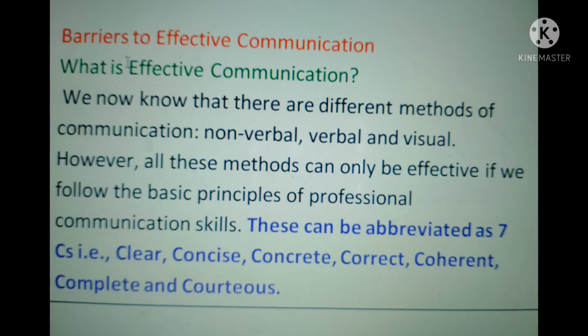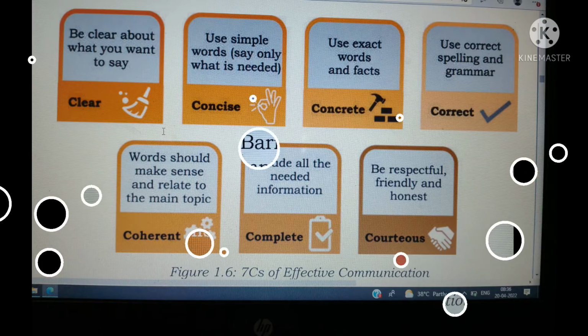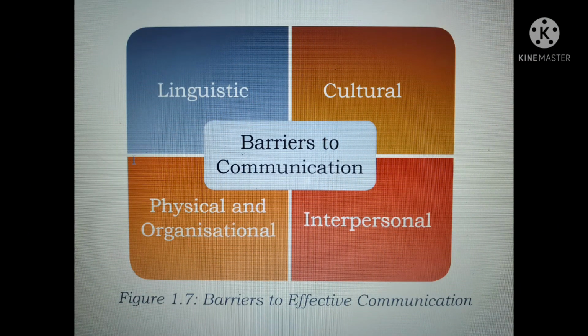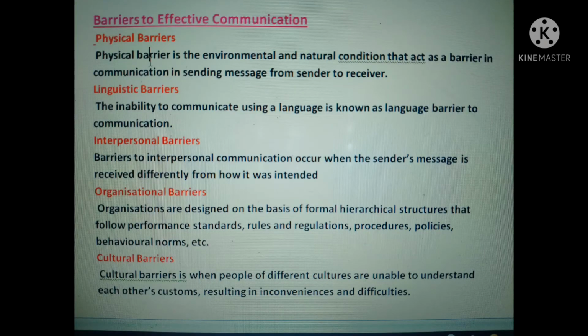Now let us discuss barriers to effective communication. There are many barriers: physical barriers, linguistic barriers, interpersonal barriers, organizational barriers and cultural barriers. Now let us discuss them one by one. The first one is physical barriers.